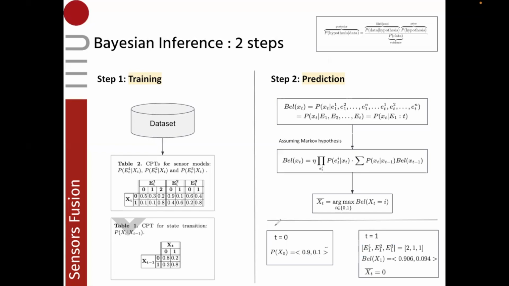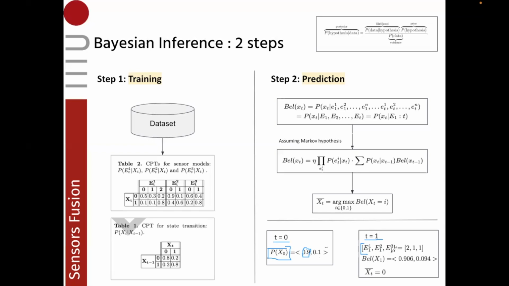In the bottom part of the slide, we provide an example of how a Bayesian network can be operatively used for our targets. We start at time t equal to 0, where we have a previous knowledge of the state, because we have 0.9 probability that the state is 0, so the user is not in the room. At time equal to 1, we read the sensor output, so the evidence that comes from the sensors.